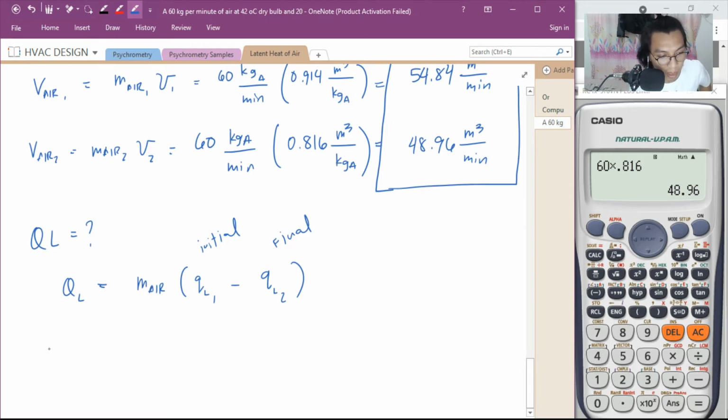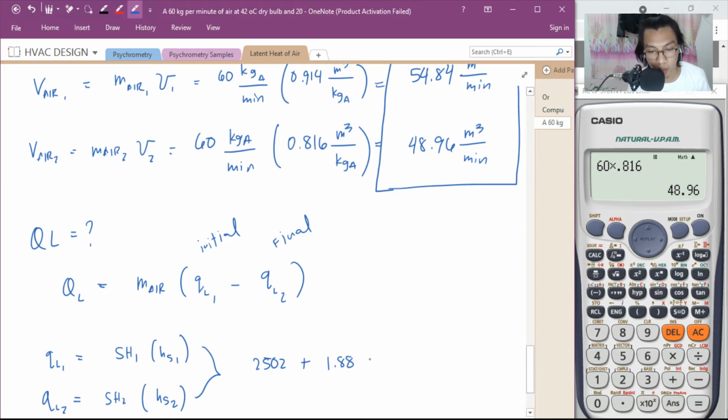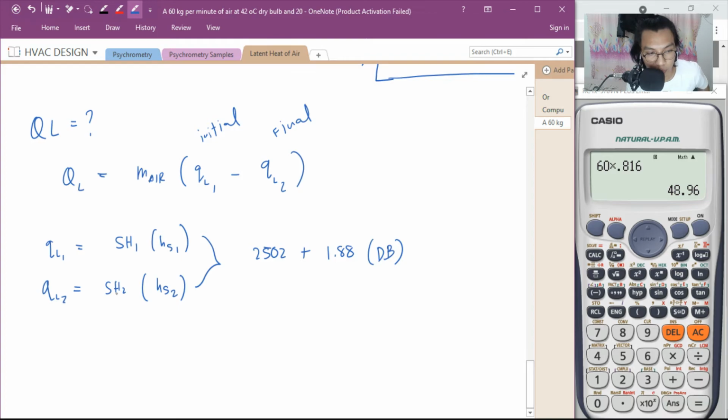Di ba ang QL kasi, yung maliliit, unahin mo to, yung QL1 is equal to SH1 multiplied to HS1. At yung QL2 is SH2 tapos yung HS2. Anong formula meron tayo sa HS? Di ba yung 2502 plus 1.88 multiplied to the dry bulb?